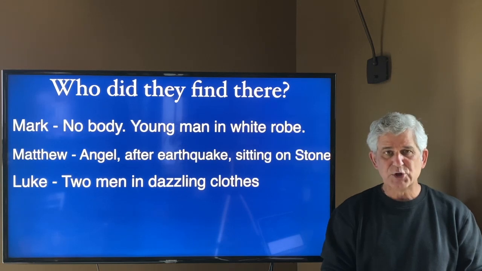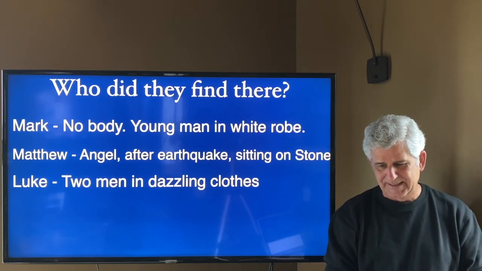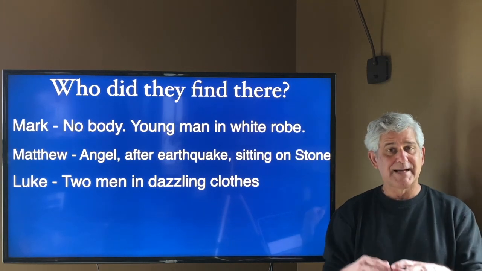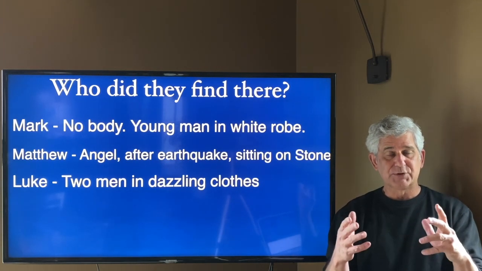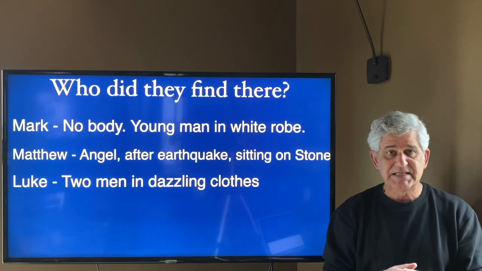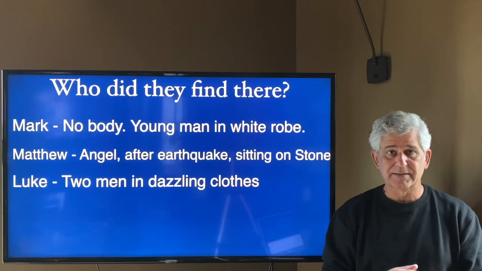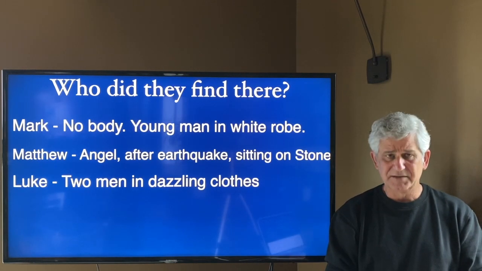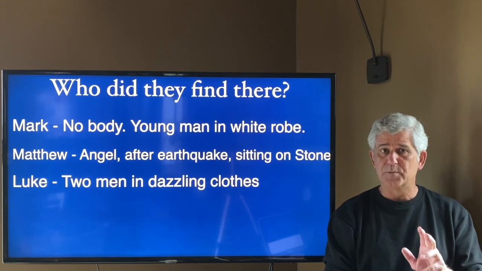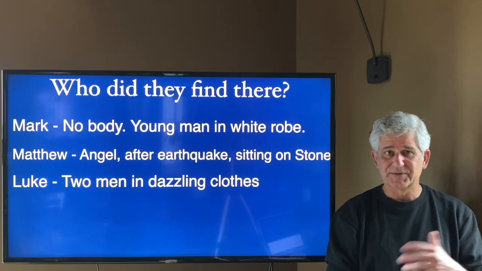Luke describes two men in dazzling clothes, dazzling apparel. Sounds very much like an angel, to the extent that dazzling robes seem to be a way of describing divine or heavenly beings as opposed to normal people. You know, it's hard to keep a robe white when you're walking dusty roads and so forth.